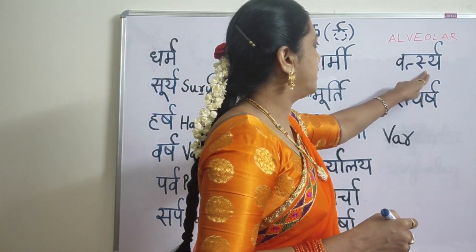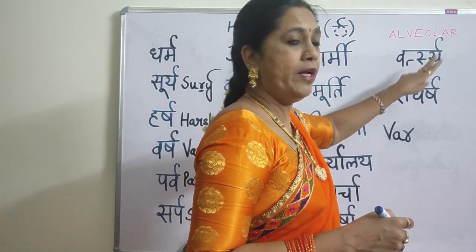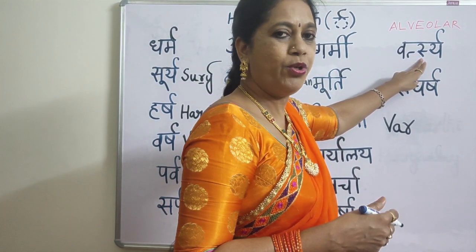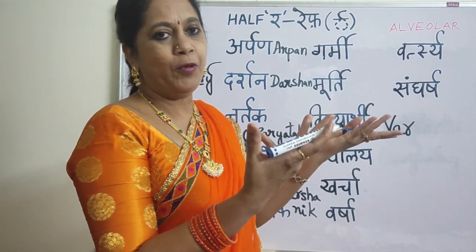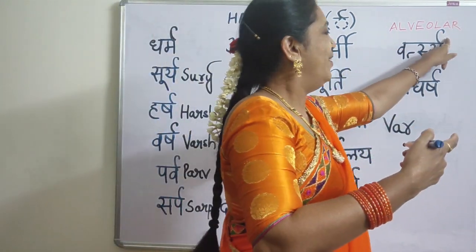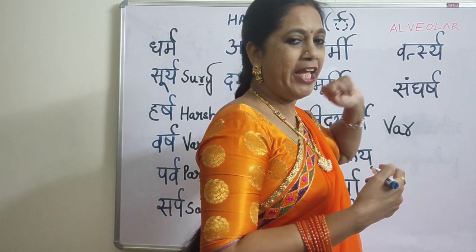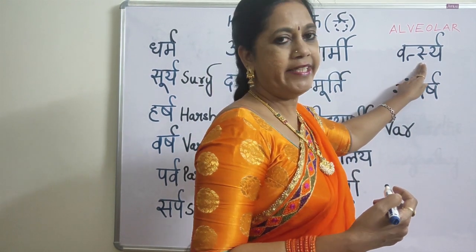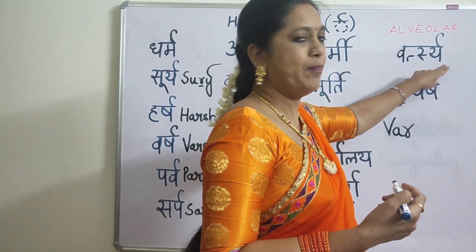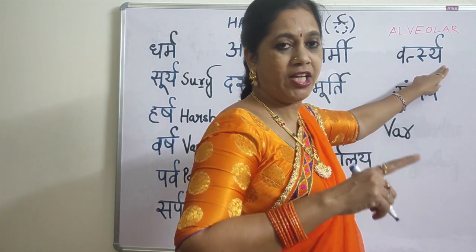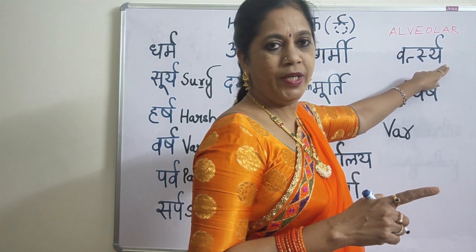But it will not carry this. This hook will not carry because they also are only half letters. They are helpless. So they too cannot support the heavy load on them. So what this ref does, it takes the support of the consonant which has a matra. So it goes over there.